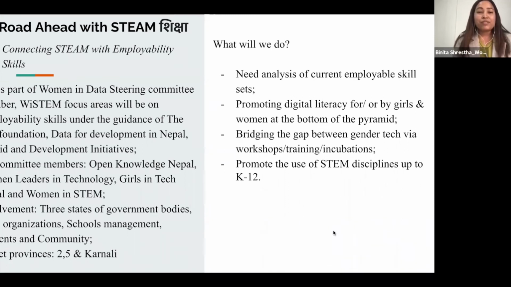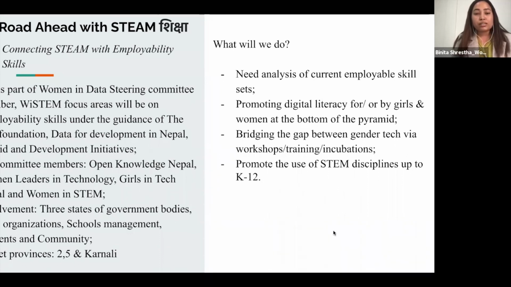This has already been started and we are into it, and we are also involving government bodies, CSO organizations, and schools, depending on our project area. What we are doing is a needs analysis of current employability skills and promoting digital literacy for young girls and even the women at the bottom of the pyramid.